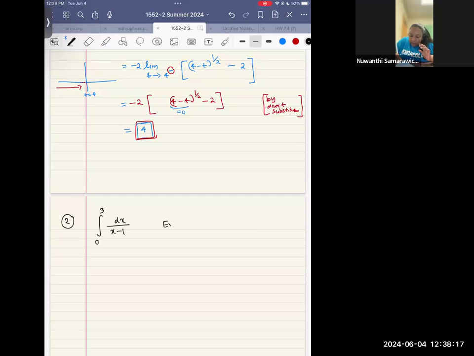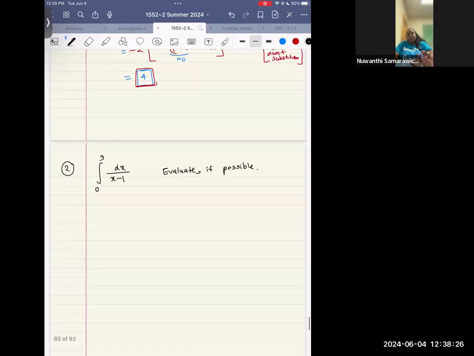Evaluate it if it is possible. Do we get a vertical asymptote here?